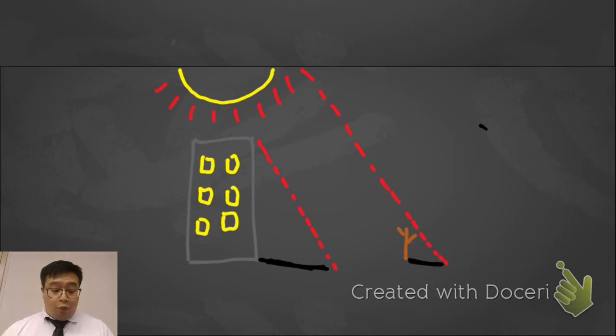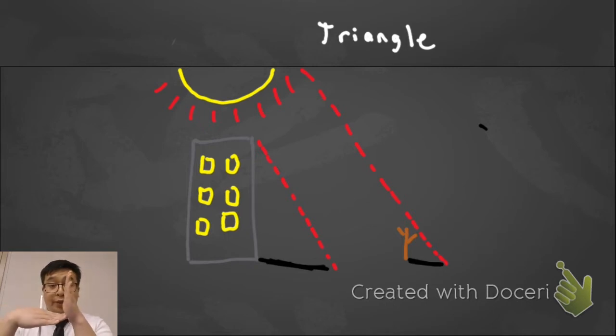So first of all, what shapes are made using the object, the shadow, and the sun's rays? Those three things form a triangle. So what can we know about these two triangles here? First of all, what's going to be this angle down here in the corner? When we have an object going straight up and an object going straight to the side, what kind of angle is formed here?